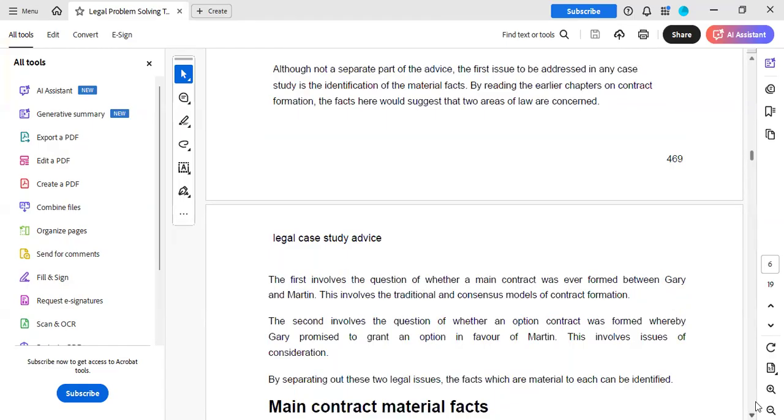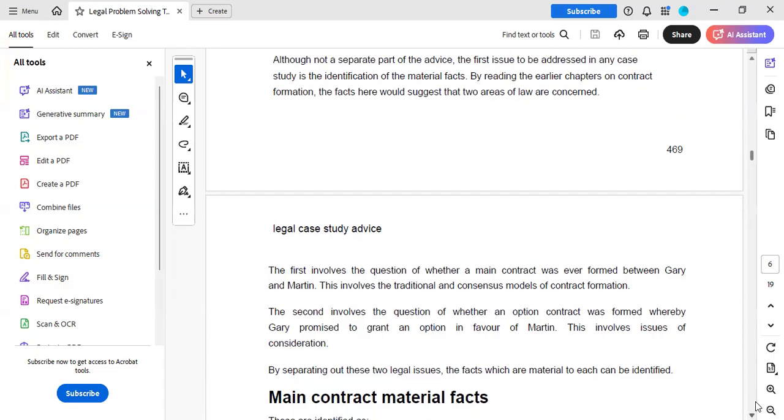If you are doing contract, what area are you looking at? Is it offer? Is it acceptance? Is it consideration? Is it terms of contract? Is it voidable contract? We're going to teach that in the other work as we come to it: voidable contract, capacity to contract, and certainly other aspects of mistake and misrepresentation, which are also good.